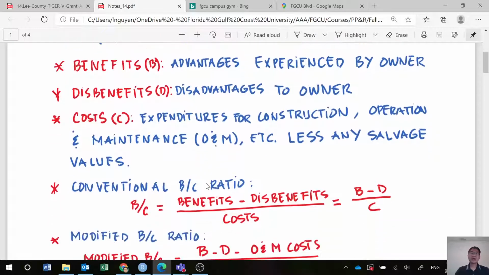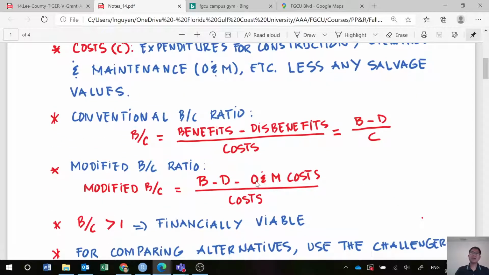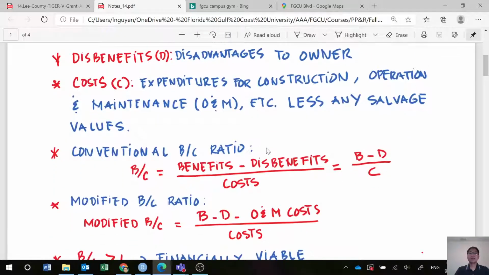To determine the ratio B over C, for the conventional B over C, the numerator is benefits, subtract any disbenefits, over the cost. In this case, the cost includes the initial costs for construction and the operation and maintenance costs.